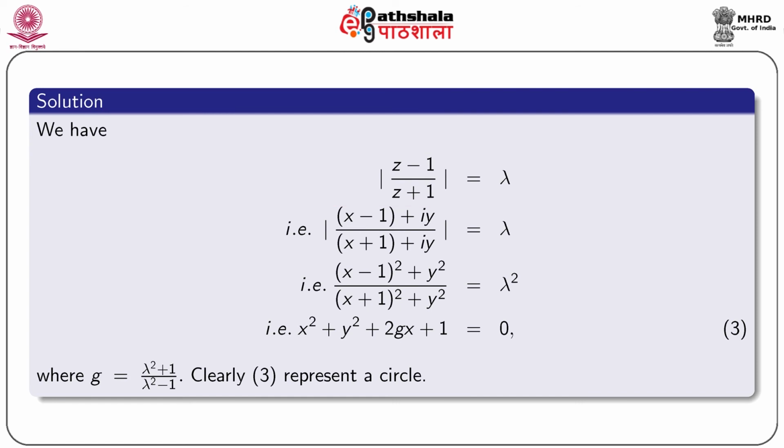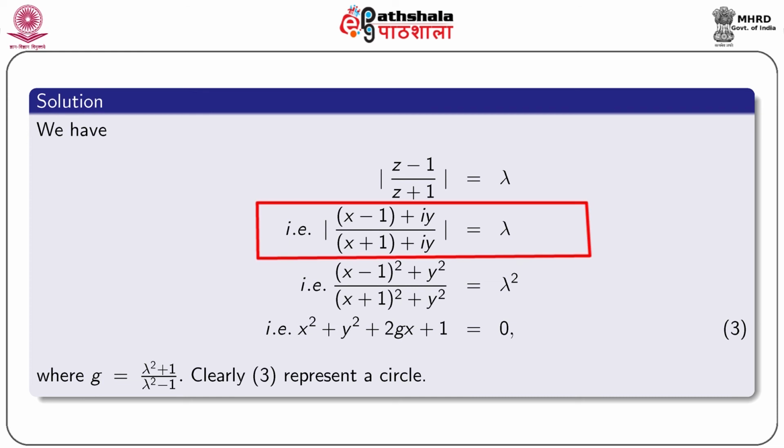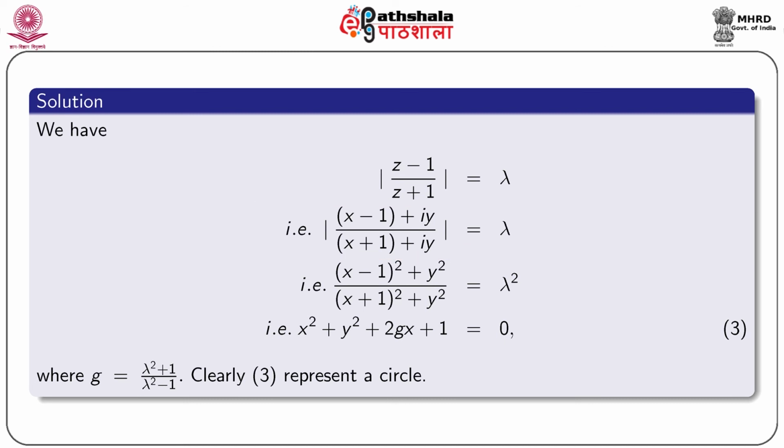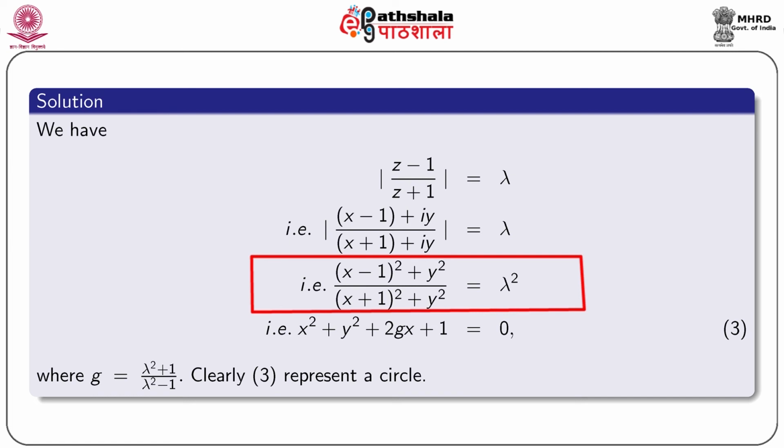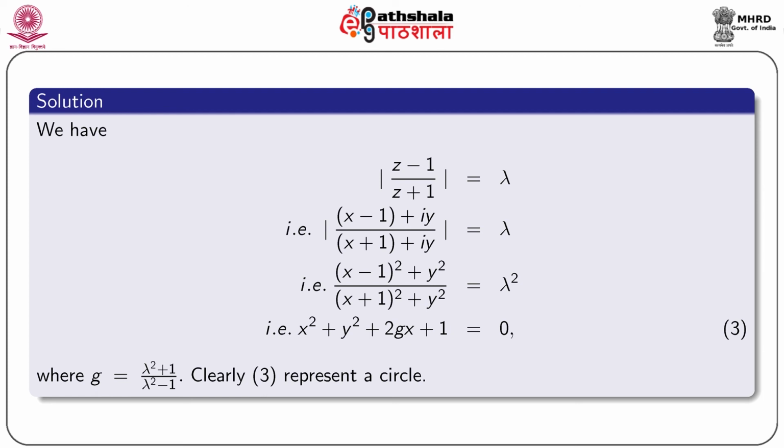Putting the value of z, we obtain modulus of x minus 1 plus iy by x plus 1 plus iy is equal to lambda, and this gives x minus 1 square plus y square by x plus 1 square plus y square is equal to lambda square, and simplifying we get x square plus y square plus 2gx plus 1 equal to 0, where g is equal to lambda square plus 1 by lambda square minus 1. Obviously, this equation represents a circle.